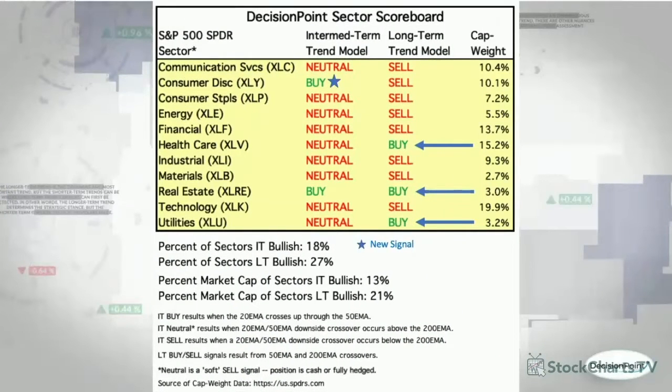As far as the DecisionPoint sector scoreboard, we did get a new buy signal. Last week, we got the real estate buy signal for the intermediate term trend model. And now we're looking at consumer discretionary. That sector has just gotten an intermediate term trend model buy signal. Remember, that means the 20-day EMA crossed above the 50-day EMA.